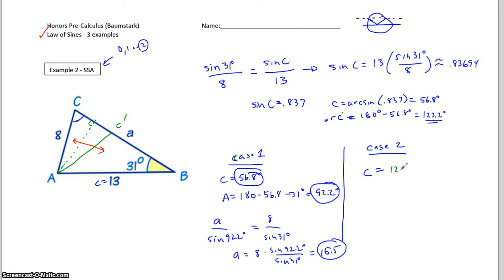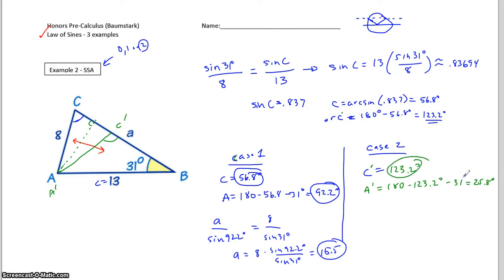So C is going to be 123.2. That's this one here. Maybe we'll call that C prime again. A prime in that case, we have a different angle here. A prime is just going to be 180 minus 123.2 degrees minus the 31. That's going to give us 25.8.